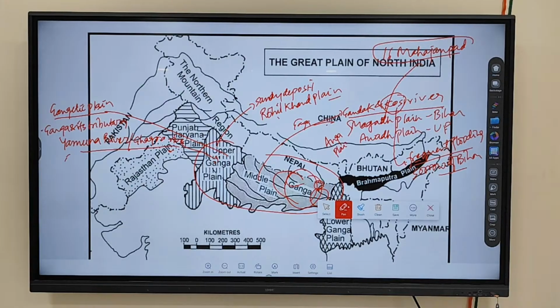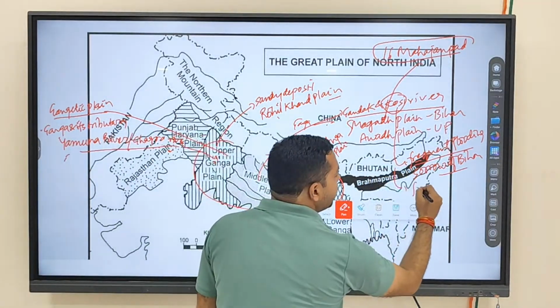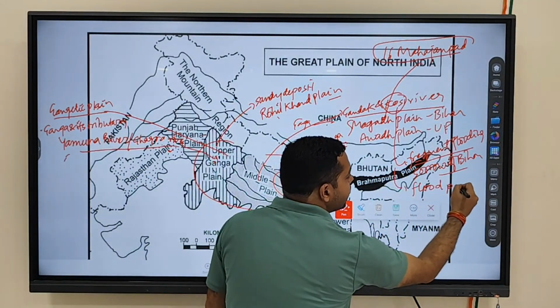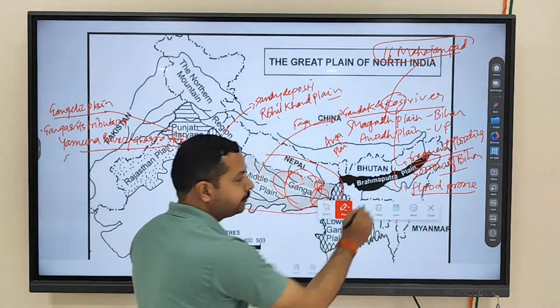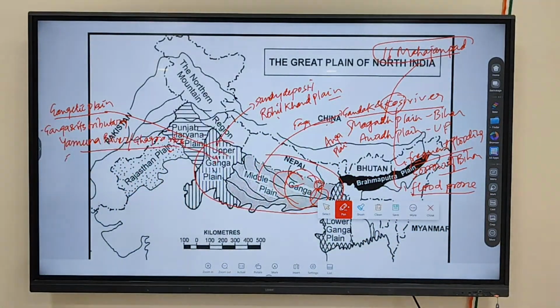So this plain is which type of plain? A flood prone plain. A lot of flood occurs in this region. Clear?